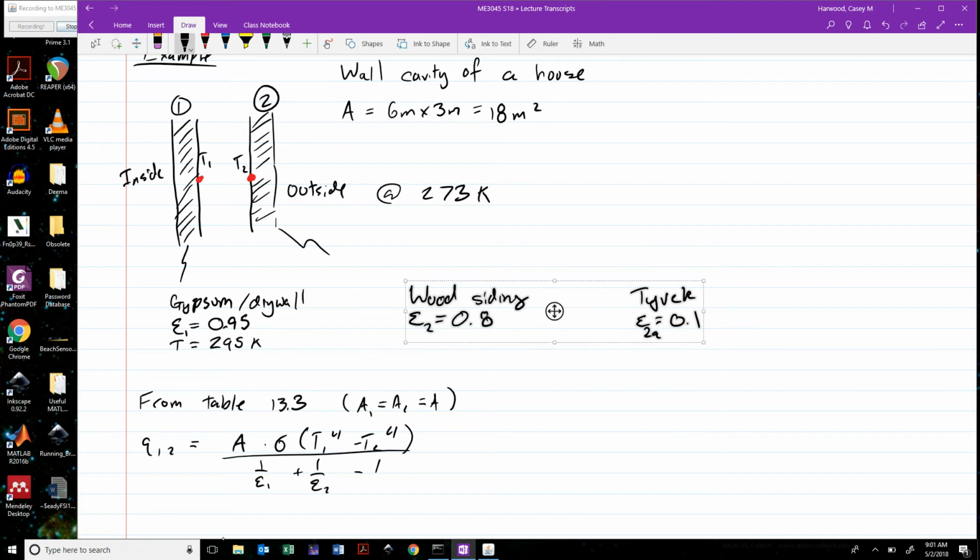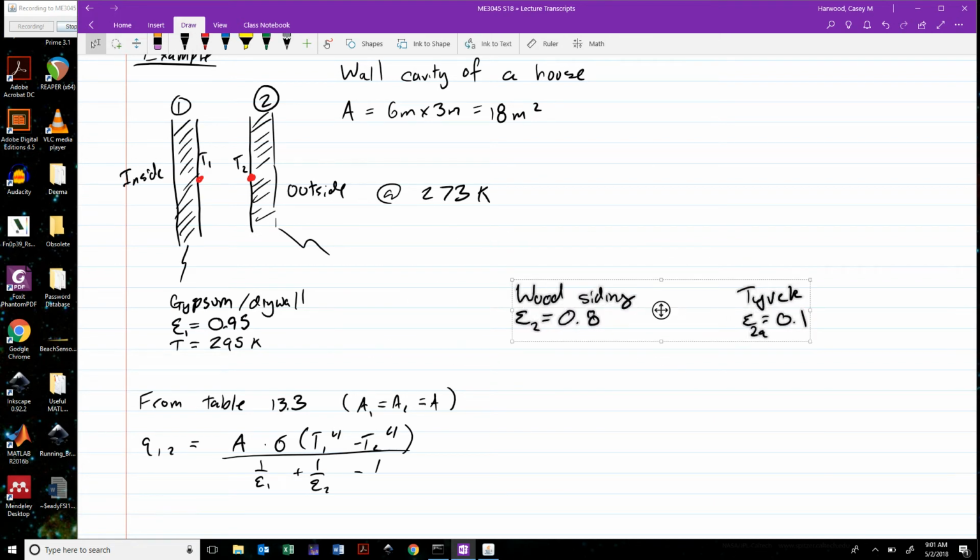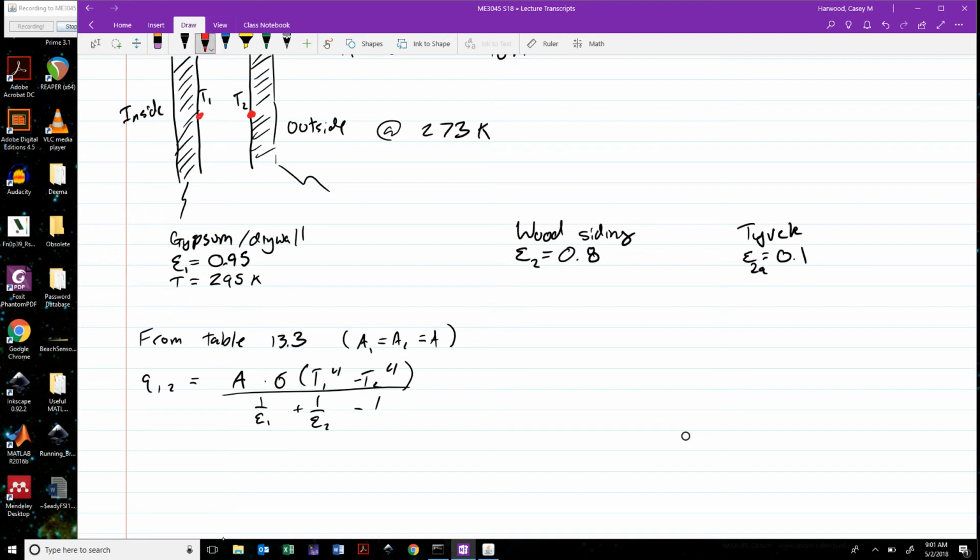A, sigma, T1, T2, and epsilon 1 don't change whether we use the wood siding or the Tyvek wrap. Only epsilon 2 changes. So we plug in those two values, and for the wood siding we get 1.582 kilowatts.